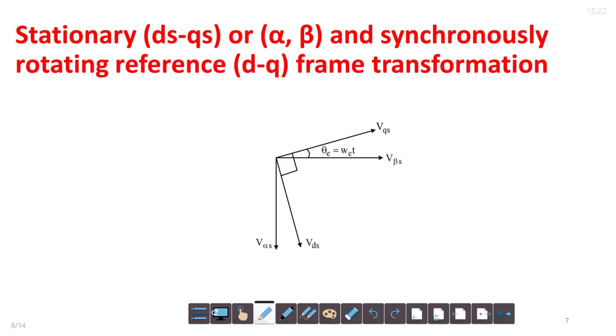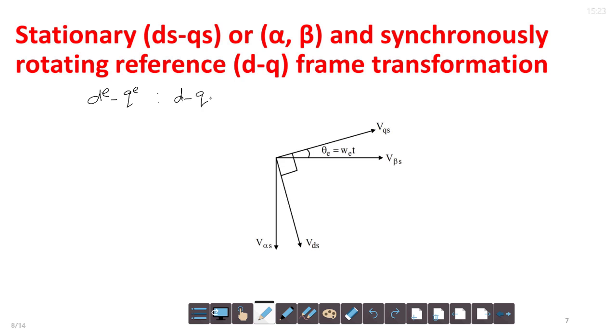Then we go to the transformation from the stationary alpha beta frame to the synchronous rotating reference frame, the DQ reference frame. As we write alpha for ds and beta for qs, similarly when we write ds qs, the synchronous rotating reference frame is also written as DE QE frame, and instead of writing DE QE, we can also write simply DQ.